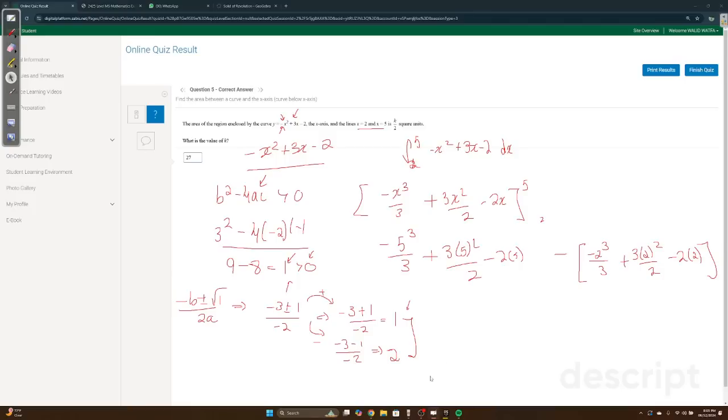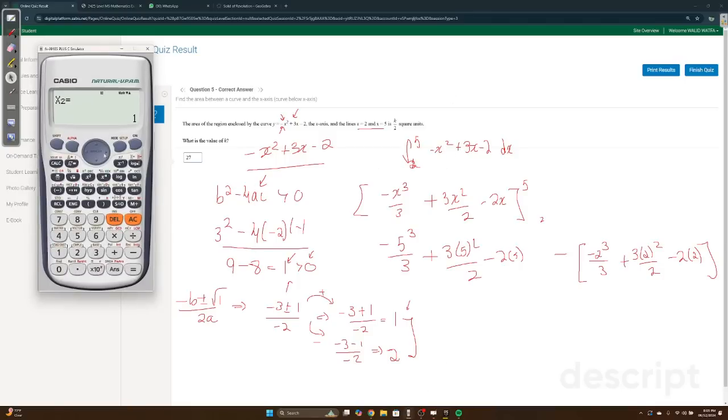Let's do this now on our calculator. Since it's all one bound, one integral, we don't care about which one's positive, which one's negative. Here we have to do the whole thing together. So minus 5 cubed over 3 plus 3 times 5 squared over 2 minus 2 times 5, minus, open your bracket, minus 2 cubed, which is just minus 8 over 3, plus 3 times 4 because 2 squared is 4, over 2, minus 2 times 2.